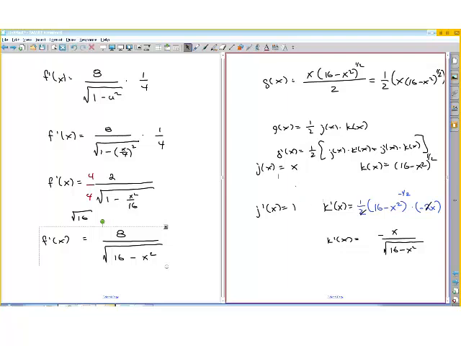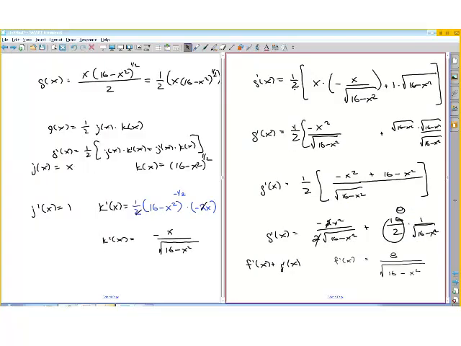Take the derivatives of each one. You get 1. We use the chain rule here to get this, negative x over the square root of 16 minus x squared. So then we cross multiply. So we have the 1/2 f of x times g prime of x plus f prime of x times, well, in this case it's j and k, but it's this times that plus that times that.